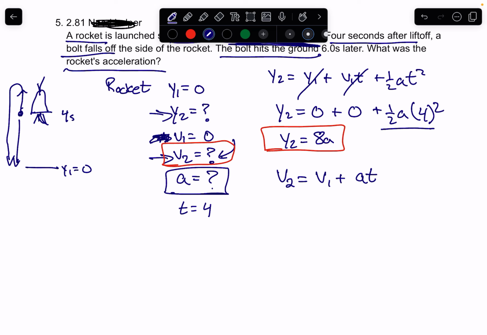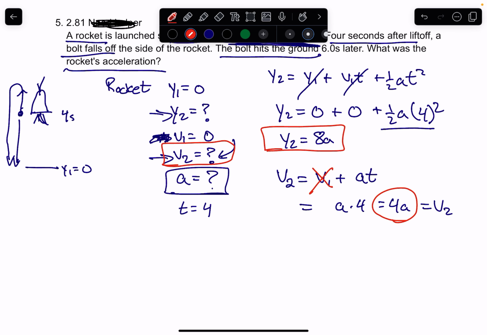Well, v1 is 0, so this is just a times t, which is 4, so 4a. So this is v2. Now I don't have the exact number, but the v2 is 4a, and the y2 is 8a.